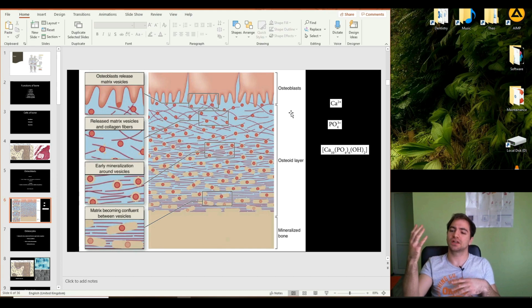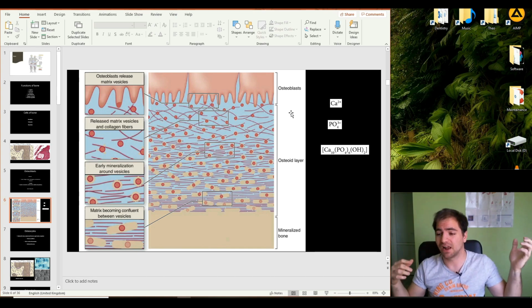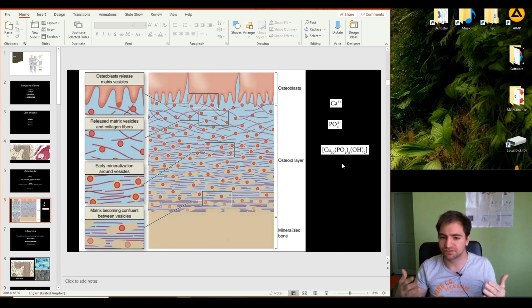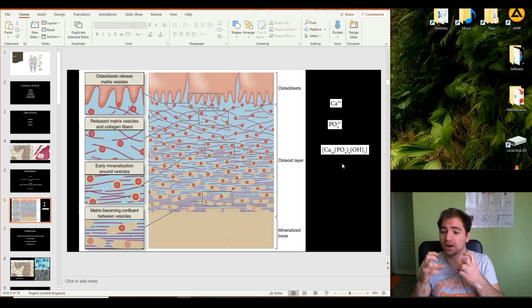So we have the osteocalcin that attracts calcium, and on the other hand, the matrix vesicles that contain the alkaline phosphatase, which aggregates phosphate. Whenever you have this aggregation of calcium and phosphate groups, they tend to form a very strong structure. This is the molecule of hydroxyapatite. So the point of the osteoblast is to produce the fibers on which the calcium and the phosphate will come, aggregate, and form the hydroxyapatite.